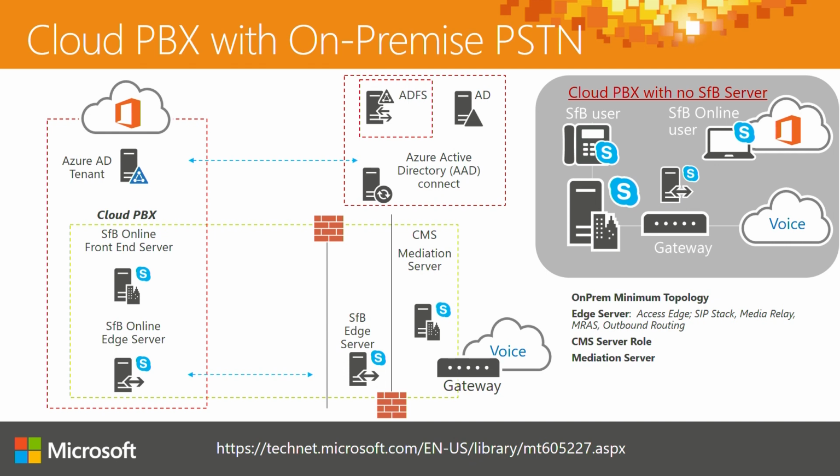So what we'll ask you to deploy, we call it minimal topology. We'll ask you to deploy Edge. We even will give you the virtual machines. Edge will be responsible for traditional Edge functions: Access Edge, it will run a SIP stack, it will be the media relay, and also will do the outbound routing.